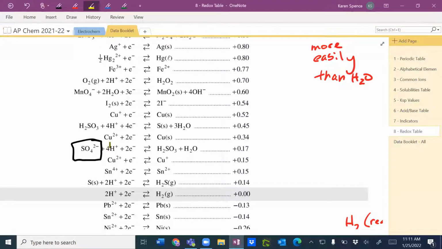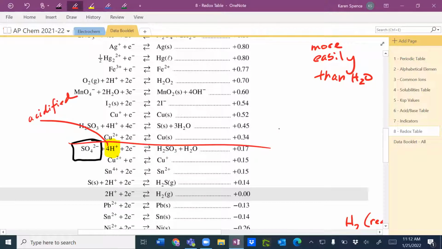Hopefully, you notice there's another reactant. There is hydrogen. Yes, exactly. And so we would need this to be acidified. And nowhere in the question does it say that it is acidified. So we cannot use this one because we don't have that extra hydrogen.